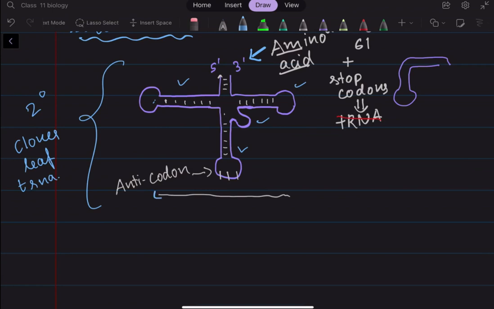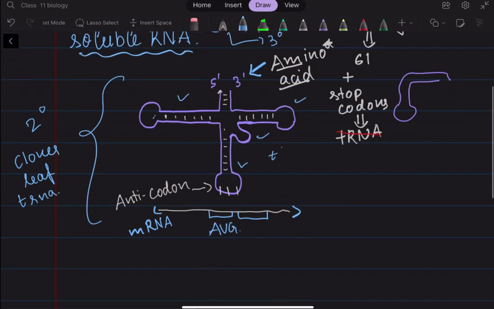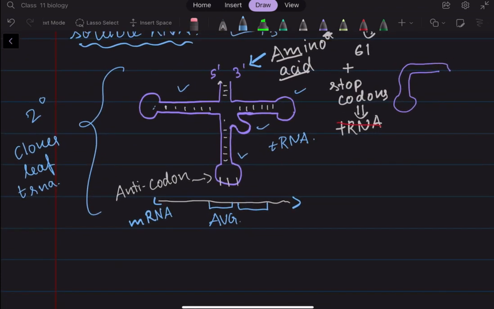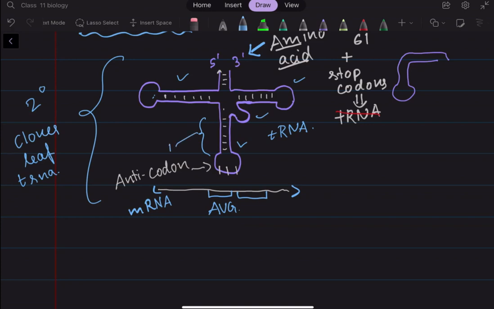Now let us assume this is our mRNA and this mRNA has the genetic code, or let us say it has all the codons over here. The tRNA has, in one of its loops, or rather arms, a part which has the anticodon.